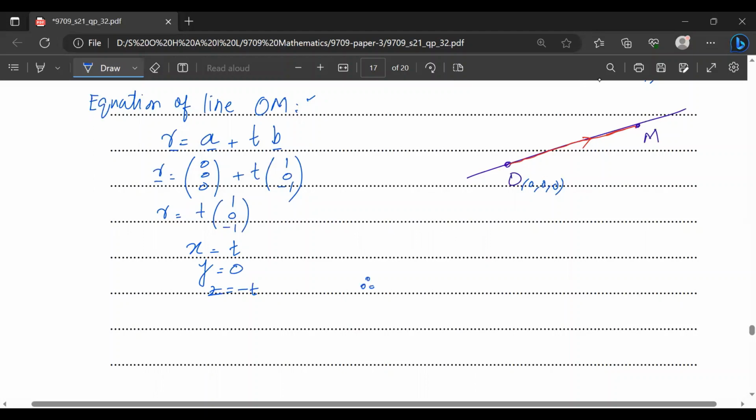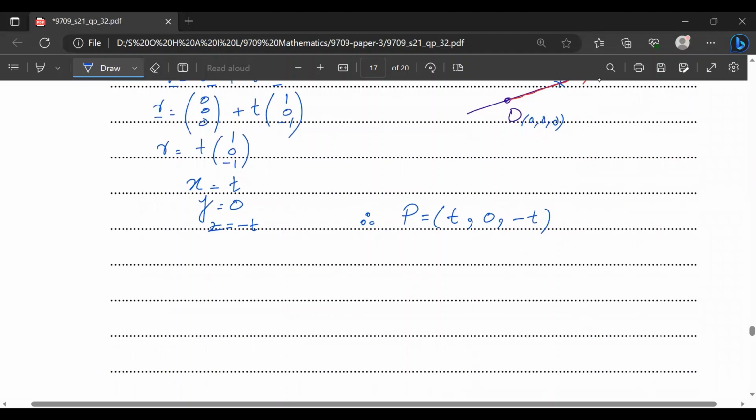So this point P has the coordinates (t, 0, -t), or you may write OP as (t, 0, -t). So we have in terms of t, the coordinates of point P.